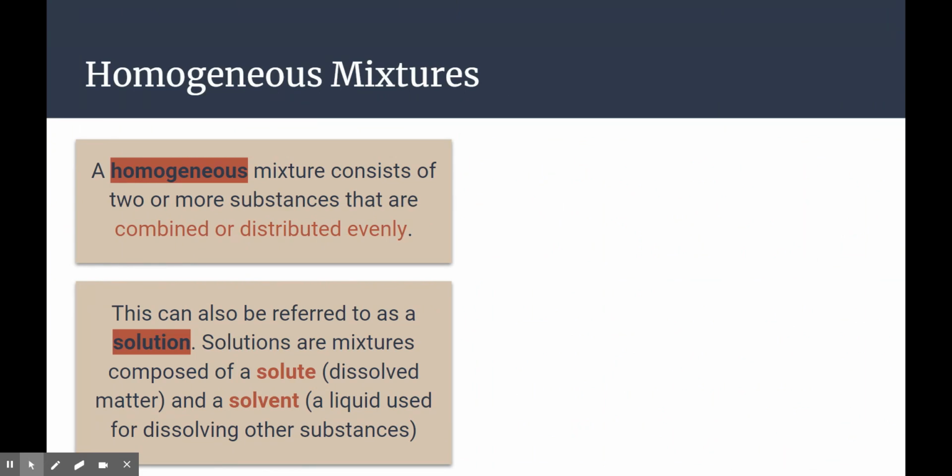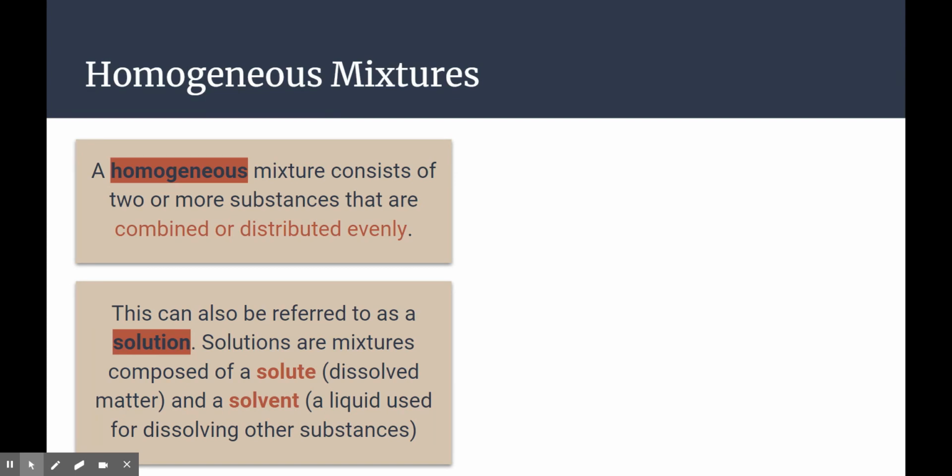So a homogeneous mixture consists of two or more substances that are combined or distributed evenly. Evenly is the key word here. Most of the time in a homogeneous mixture, you can't see the individual parts. That's not always true, but it's true most of the time. And because of that, sometimes we call homogeneous mixtures solutions.